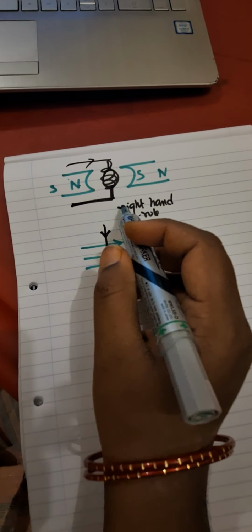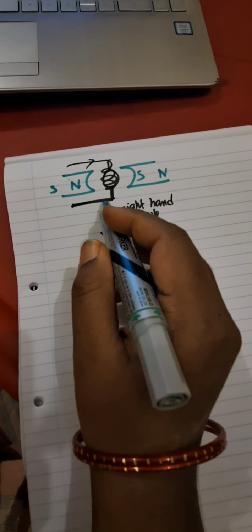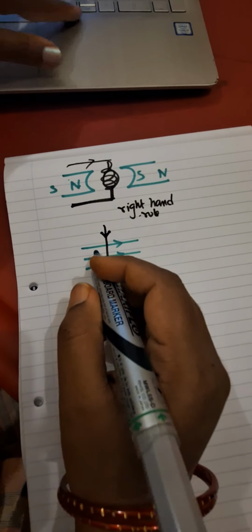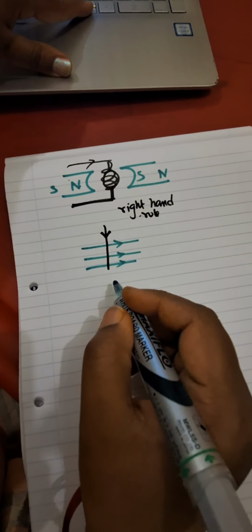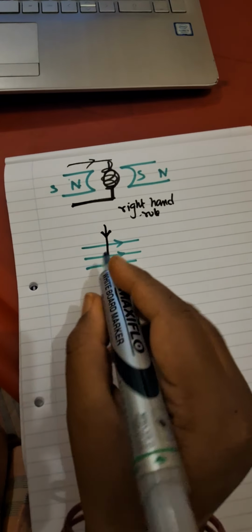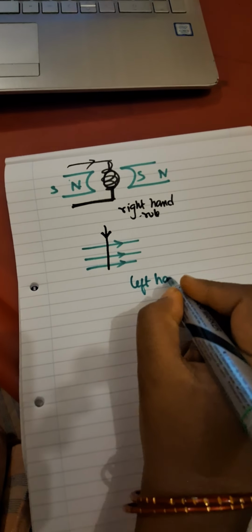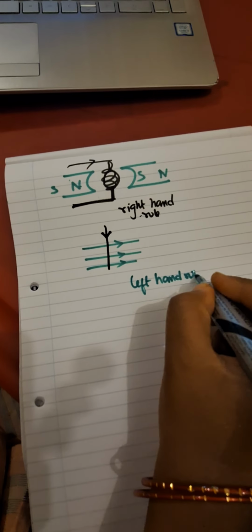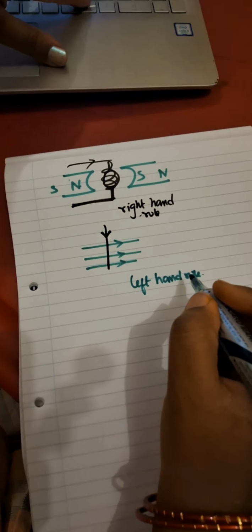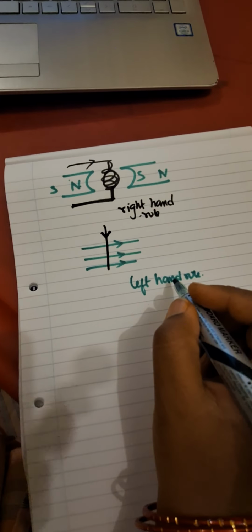Hence it is observed that when a current carrying conductor is placed at right angle to the direction of the magnetic field, a mechanical force will be experienced on it. The direction of the force can be determined by applying Fleming's left hand rule also.